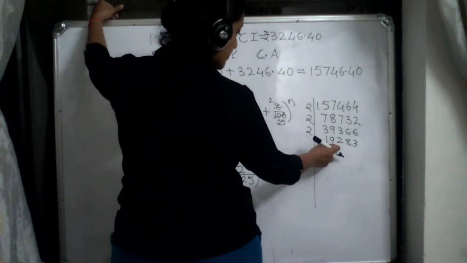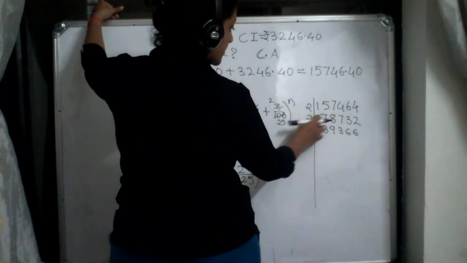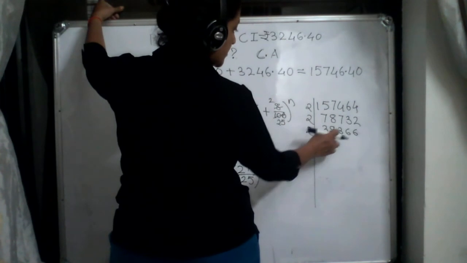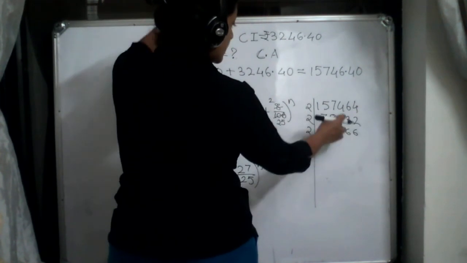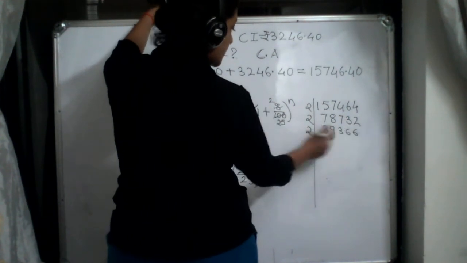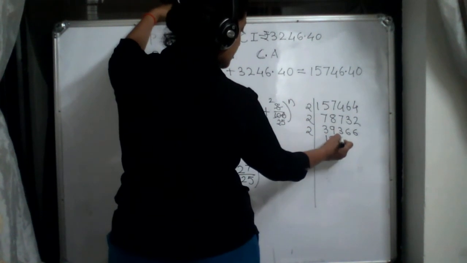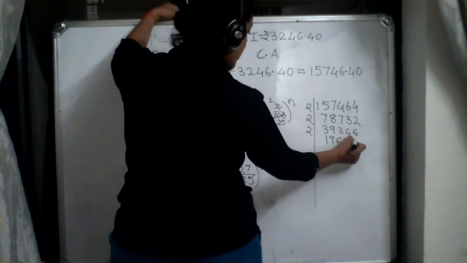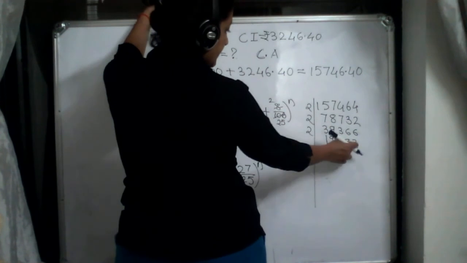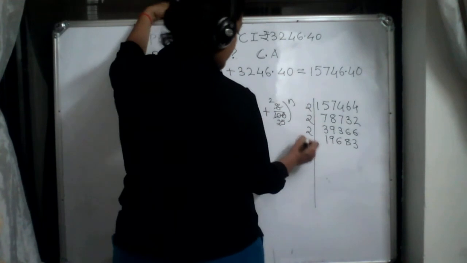Oh, there is something missing, just a minute. Correct, this one: 16, 17, 18, 19, 19 plus 8 is 27, so it is divisible by 3.